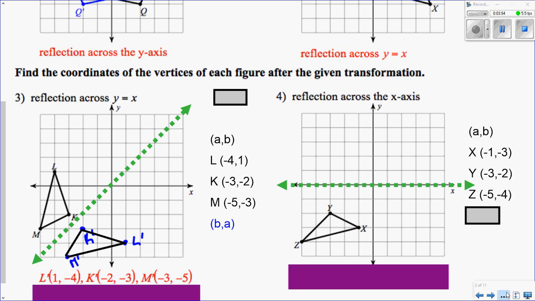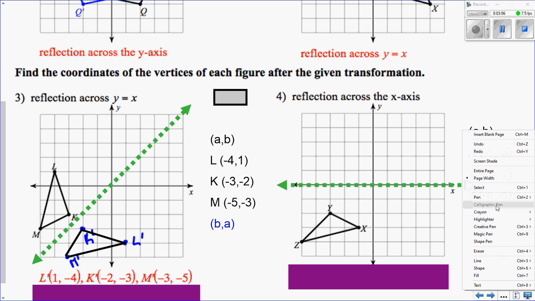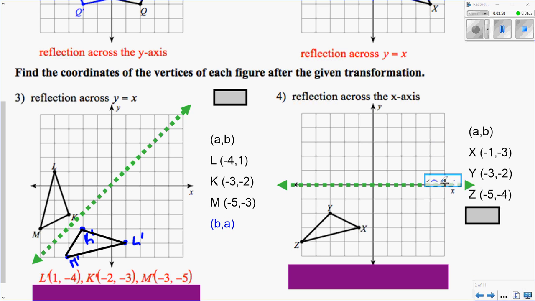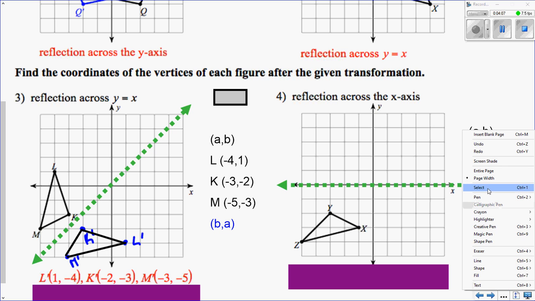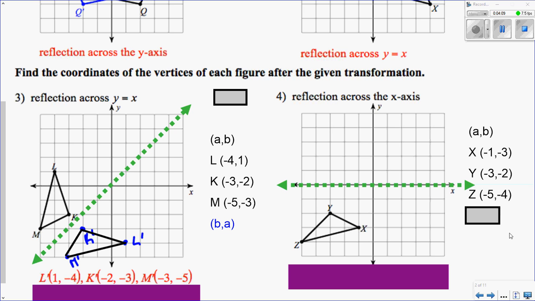Now for the next one, it says reflection over the x-axis. So we have already written down the points for this pre-image. What happens when you're reflecting over the x-axis? The A will stay the same and the B is the one that will change.